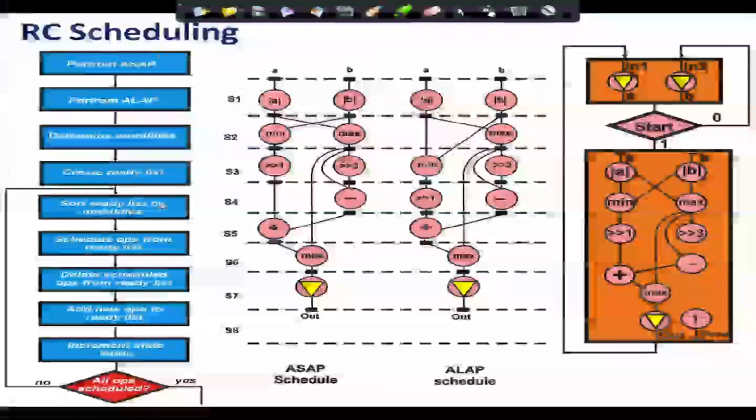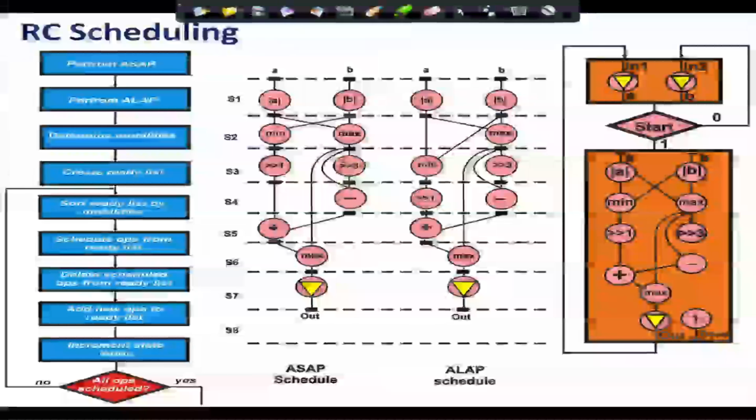Then from the ready list, we will sort the ready list by mobilities, with the least value of mobility coming earlier and the highest value of mobility going later. So, that is how I make the list in the list scheduling algorithm. The list will be based on the mobilities.